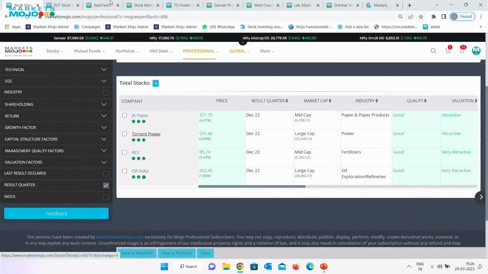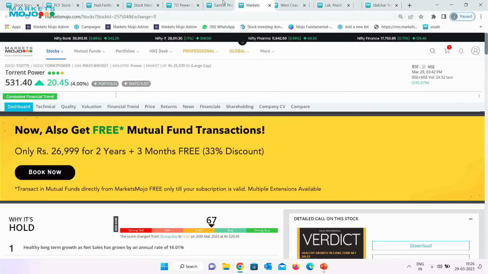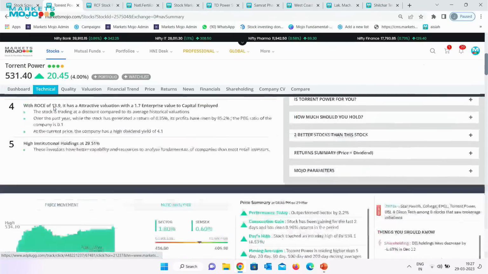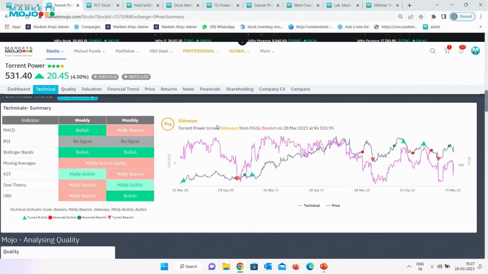We can also look at Torrent Power. Now, this is a large cap blended stock. If you see, the technical indicator is sideways. If it turns mildly bullish and bullish, you're getting some returns there itself. What I mean by that, the company turned sideways. It was mildly bearish. Here it turned, I think, sideways.